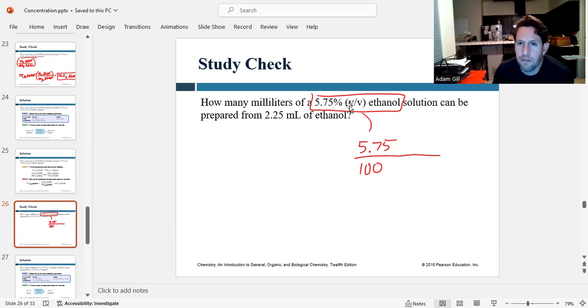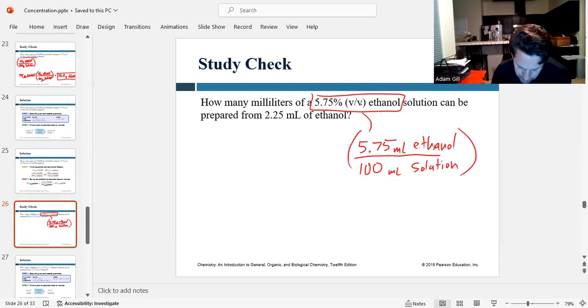And because these are V's, that's volume. So we're talking about milliliters. And it's a solution of ethanol. That's our solute, ethanol, and then solution on the bottom. So there's our concentration expressed as a fraction, which we'll need to solve the problem.